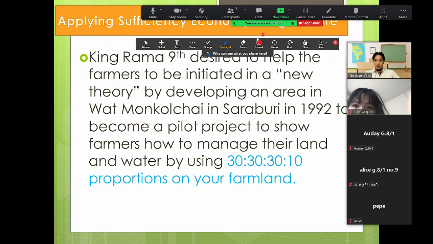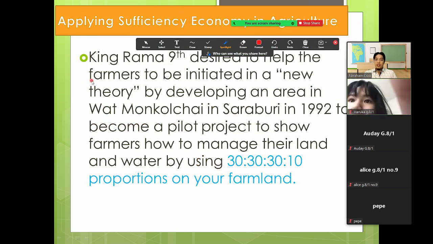King Rama IX desired to help the farmers to be initiated in the New Theory, wherein they would develop an area in Wat Mongkol Chai in Saraburi.